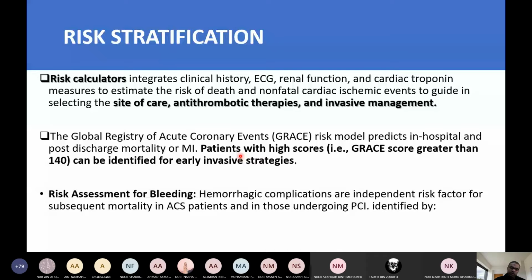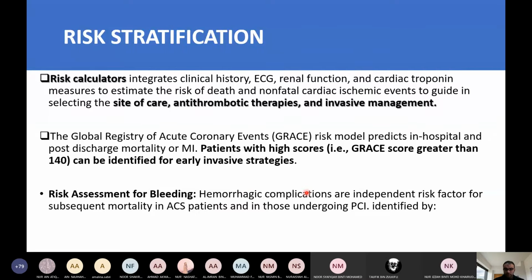So we can see that hemorrhagic complications in general are an independent risk factor for mortality in ACS. You can imagine that the patient already has an ischemic complication, already total occlusion, and if this is coupled with a hemorrhagic complication in terms of the management, the outcome will not be an optimal one, and the mortality risk will be much higher.